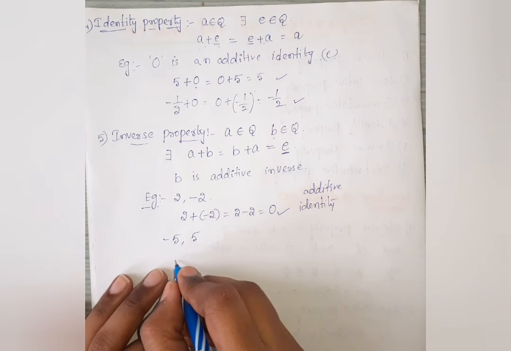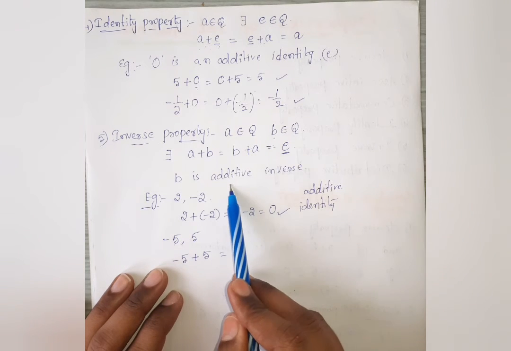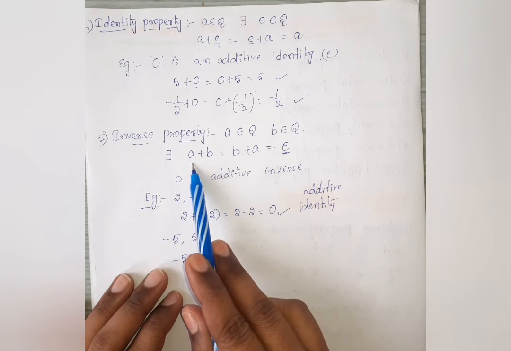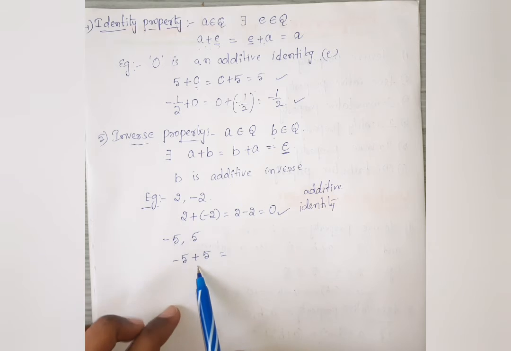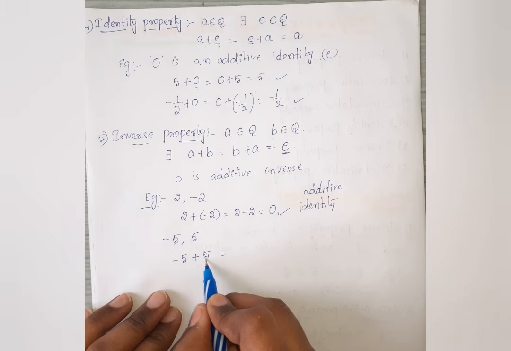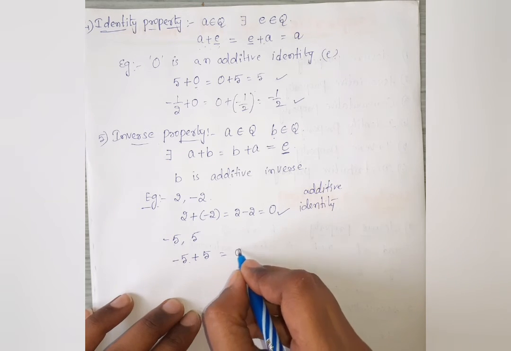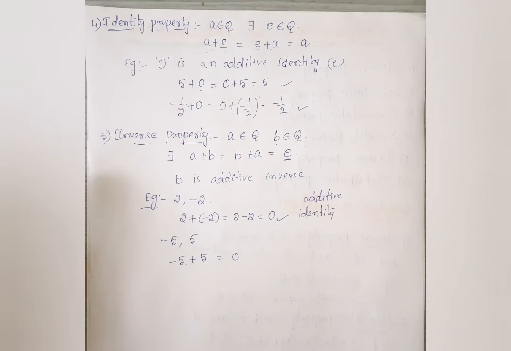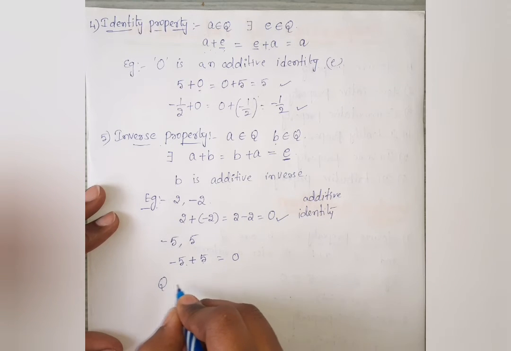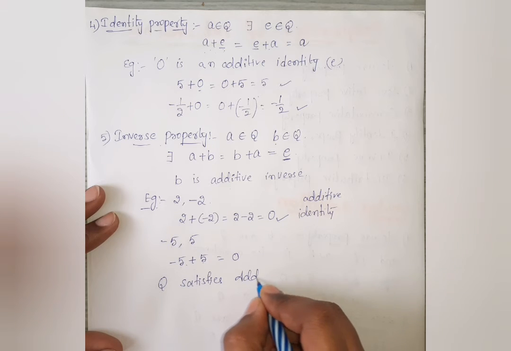Here a is a number and b is the additive inverse of the taken number. So minus 5 is a number, and its additive inverse is 5. So minus 5 plus 5, your solution is 0. So we say that rational numbers satisfy the additive inverse. Okay.